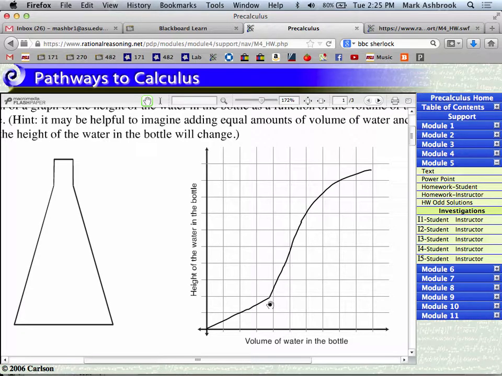Okay, so there's really 3 parts to this bottle. So you can break it up by part. So we can have part 1, part 2, part 3.